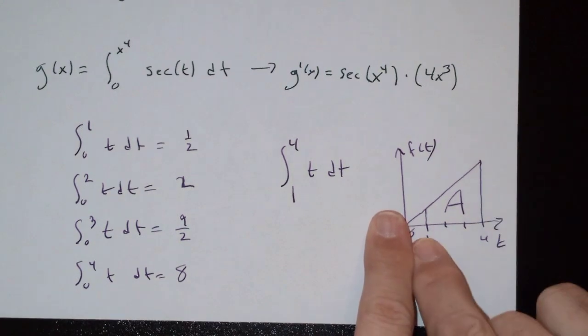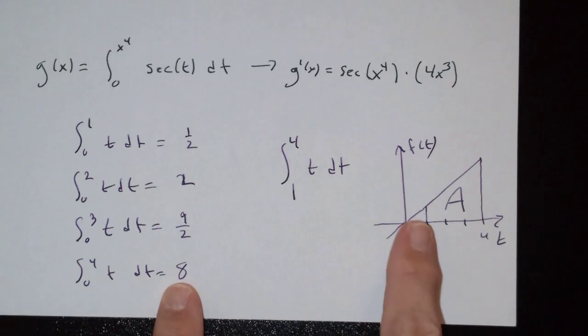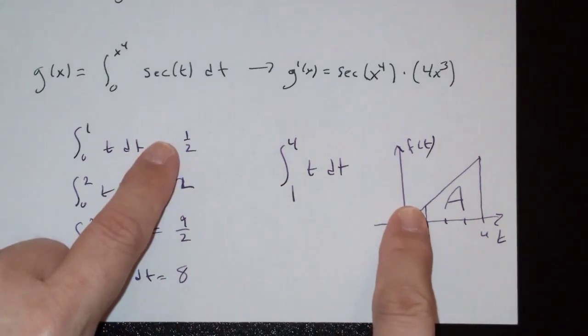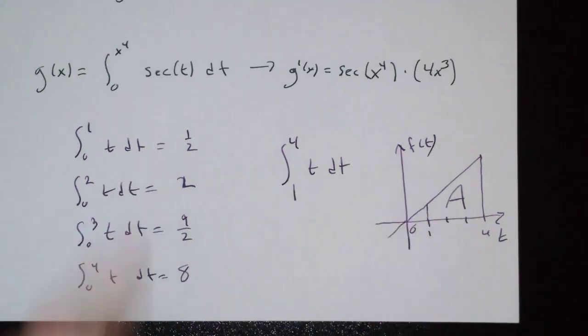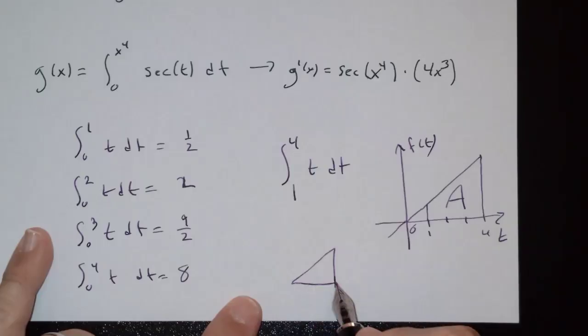That would be including this little extra piece down here. So I take that whole thing, I get 8. If I take this away, I could subtract that part, couldn't I? So I could think of this as the whole triangle from 0 to 4 minus the little bitty triangle that goes from 0 to 1.